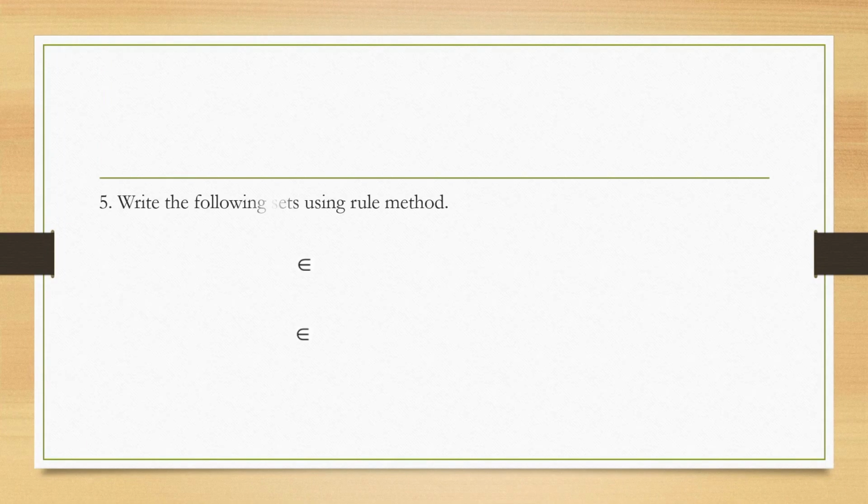Fifth, write the following sets using the rule method. First, A is equal to curly bracket open 1, 4, 9, 16, 25, 36, 49, 64, 81, 100, curly bracket close. From this, you can remember these are the squares of 1 to 10. So how will we write in the rule method?